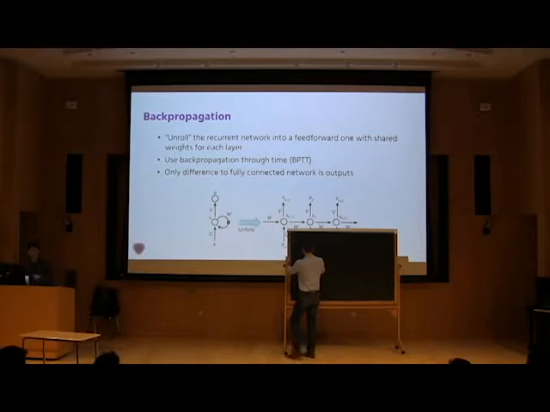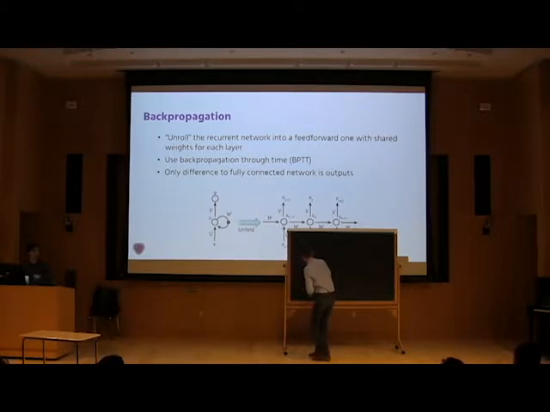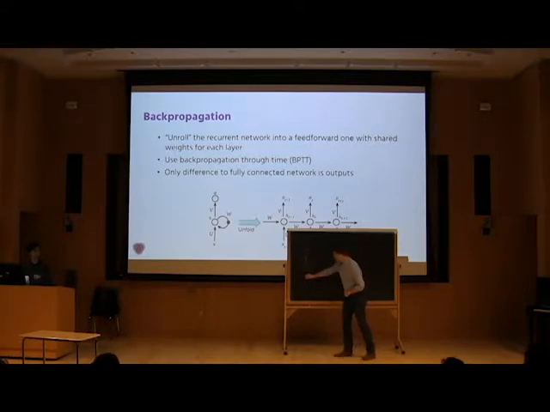So, for example, we might have some cell here. The first graph that we showed looked like this, right? You have some input, some output, and some state.